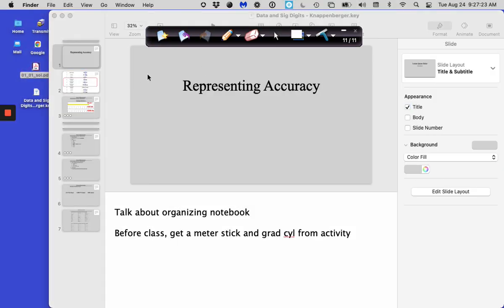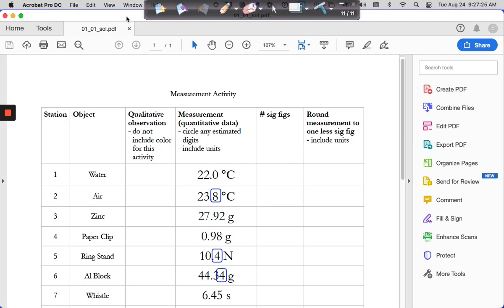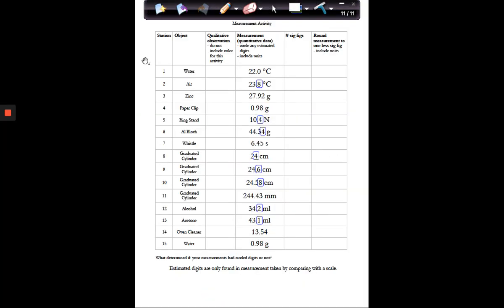So you should now have this in front of you. And guys, what I'd like to do is talk with you about what yours should look like. Now, as we talk about this, guys, please ask questions. Please make sure that you understand not just the numbers, but the significance of those numbers.